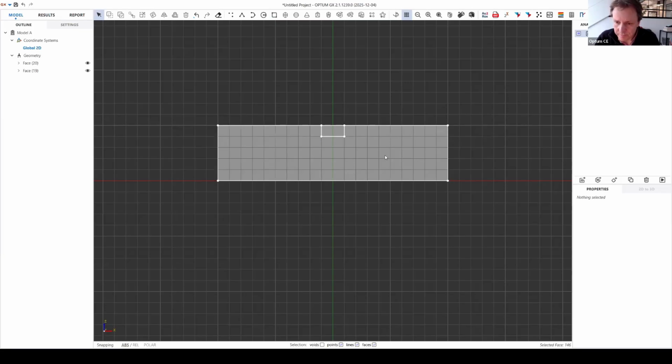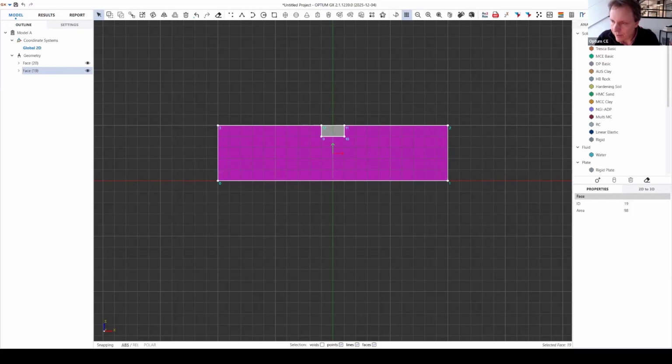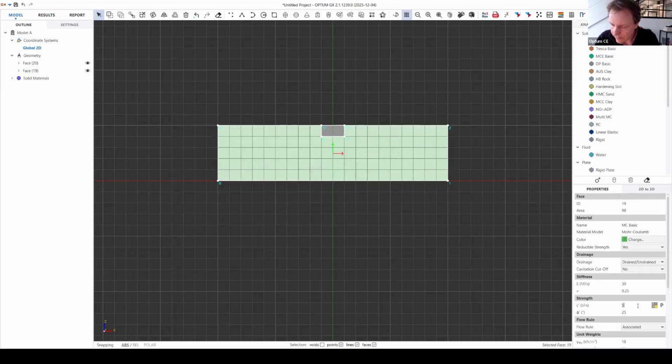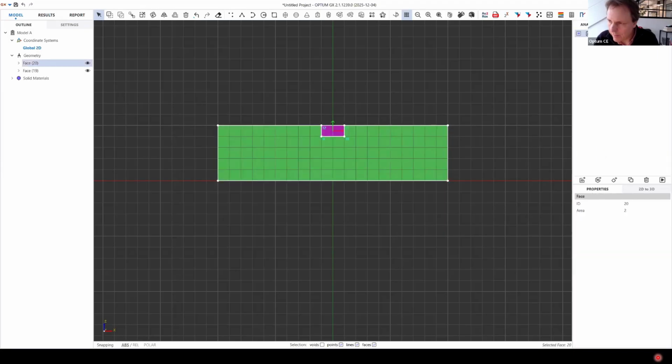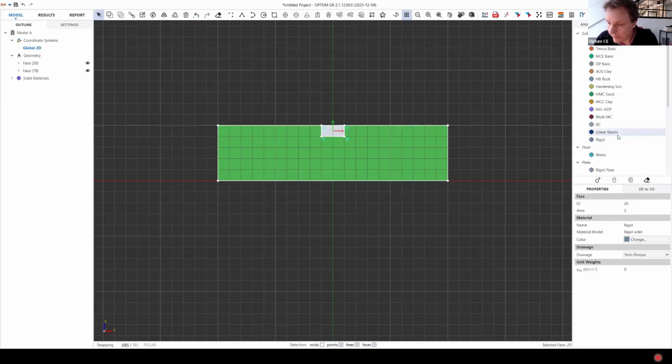So we have some embedment here as well, and then let's say we have a Mohr-Coulomb material, and I will say it's 0, 30, 0 cohesion, 30 degrees friction angle, and then 18 kilonewton per cubic meter unit weight. And for the foundation, we can just use a rigid.